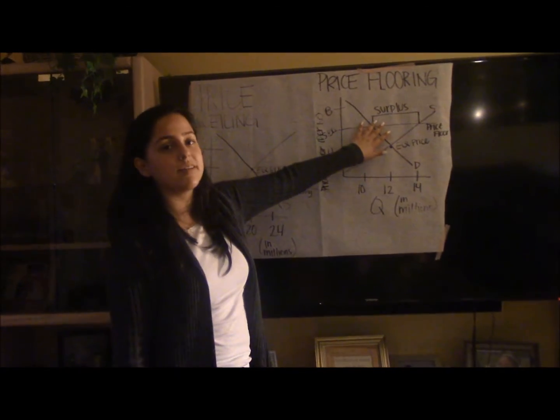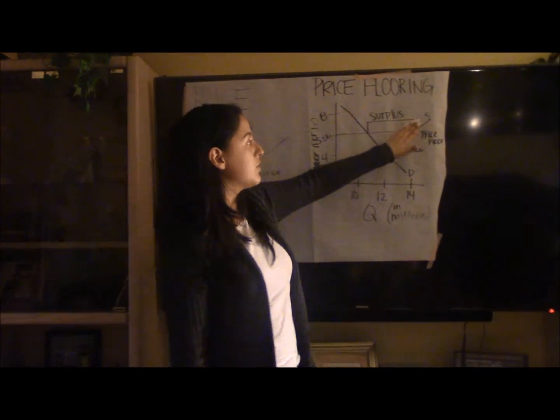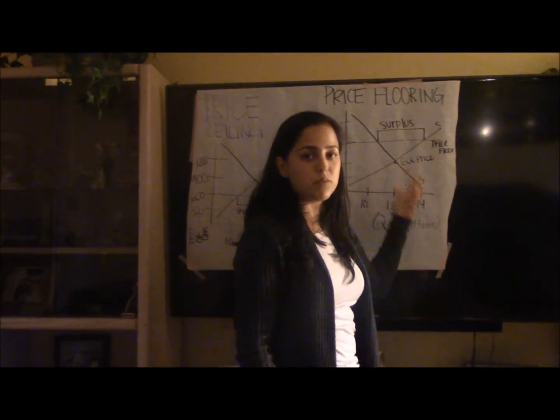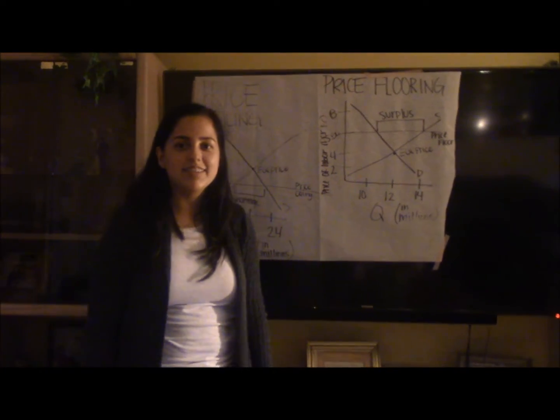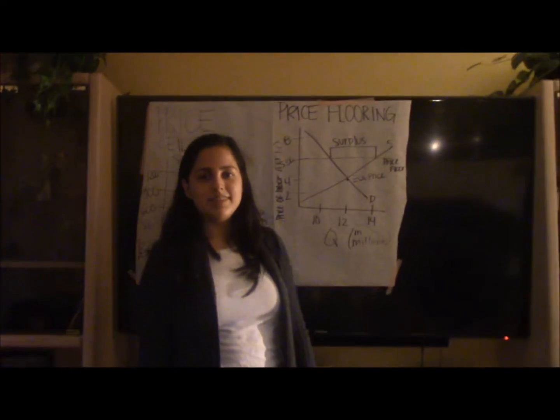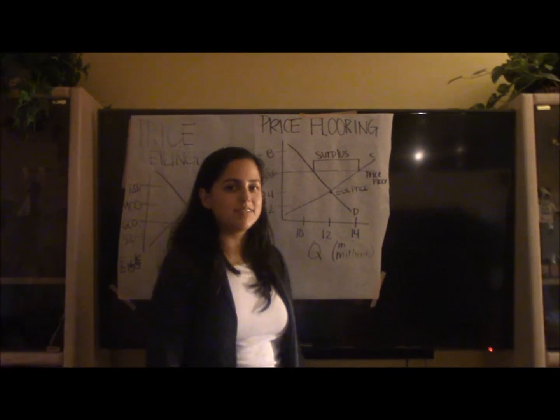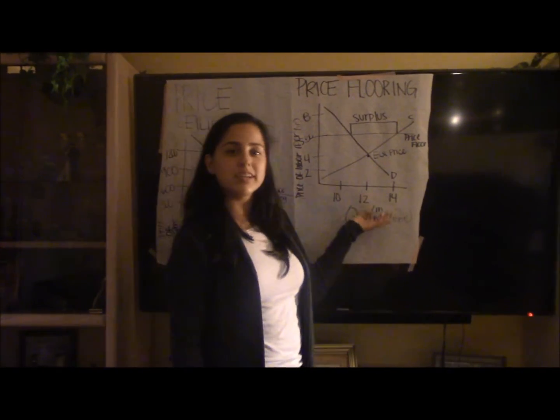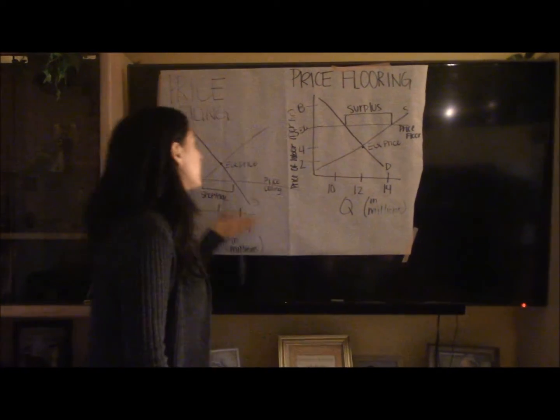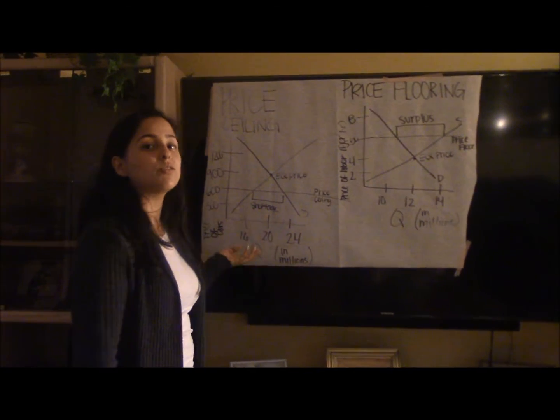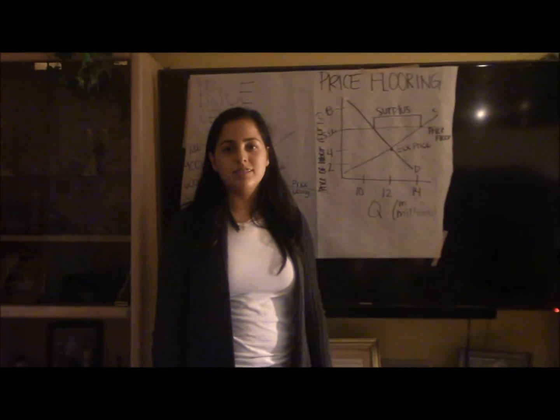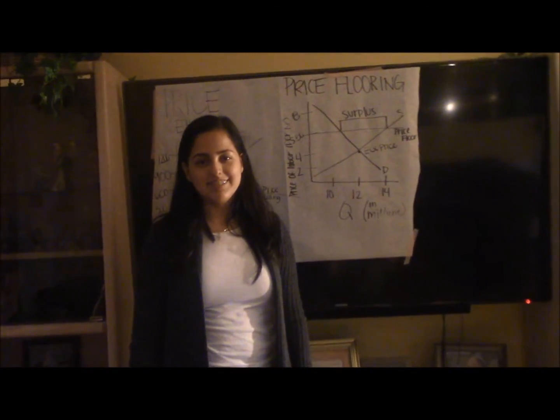So the surplus is an excess of goods or services from the workers. All right. I think I get it. Okay, do you understand? So price flooring, surplus, price ceiling, shortage. All right. I get it.